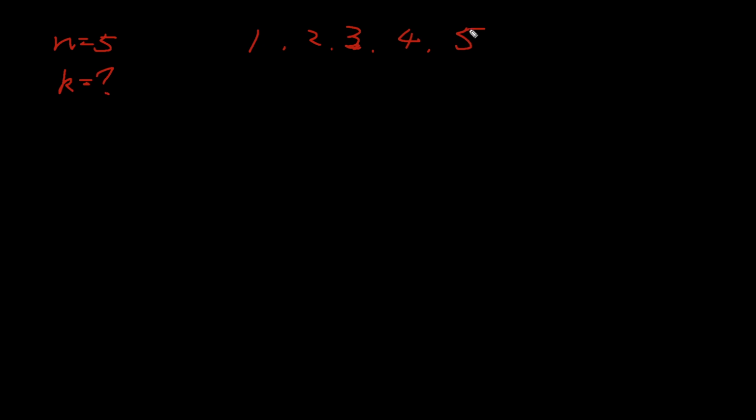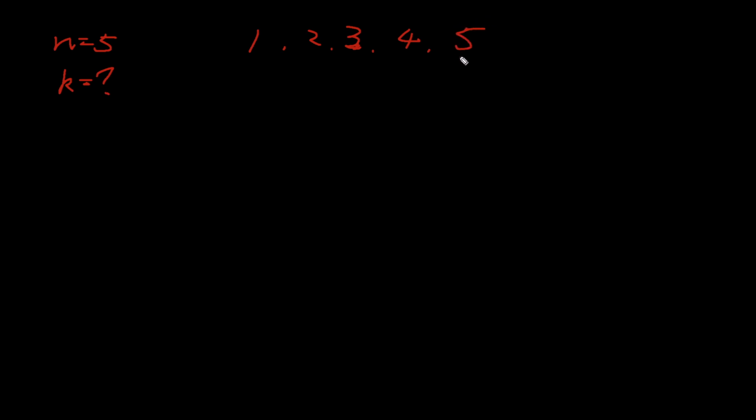So let's think about 5. Let's say we have 5 here. We want to move 5, because based on the location we move 5 to, we could end up having different numbers of inverse pairs.